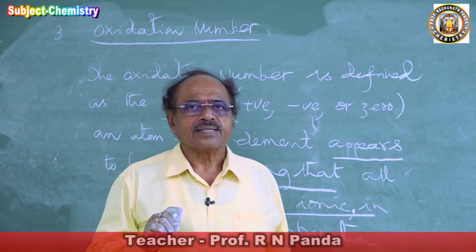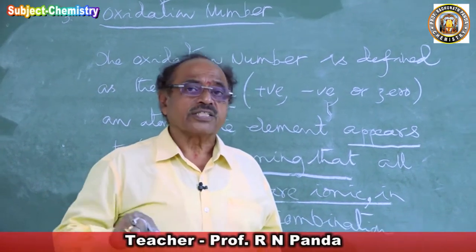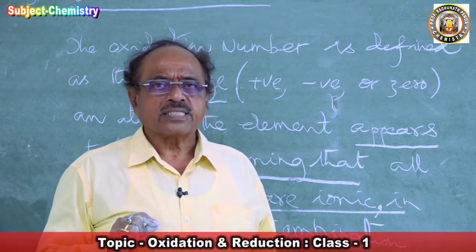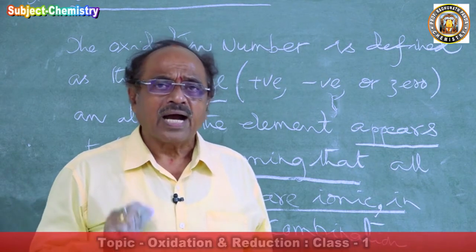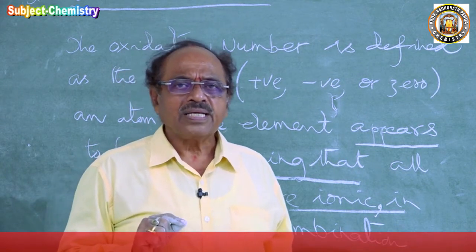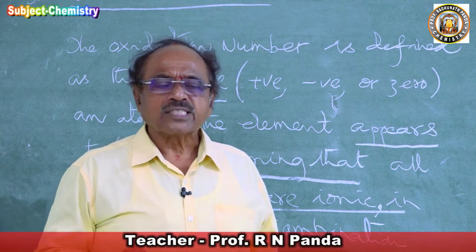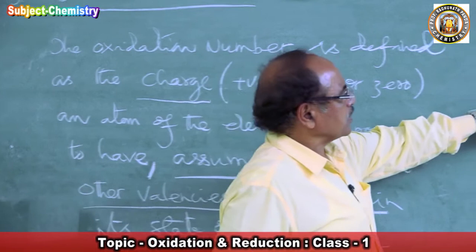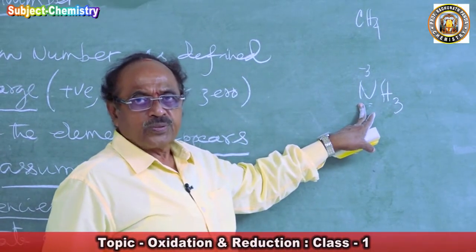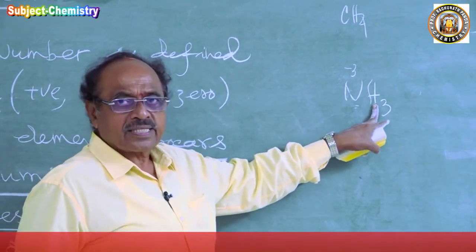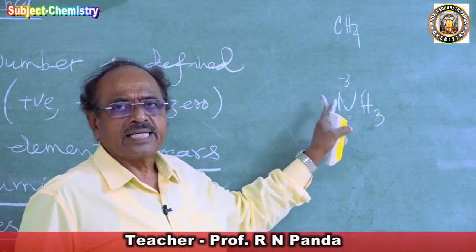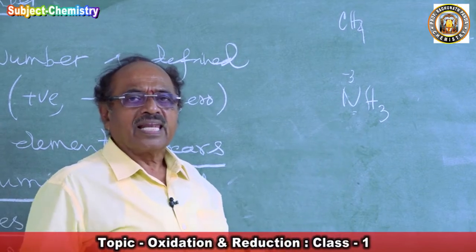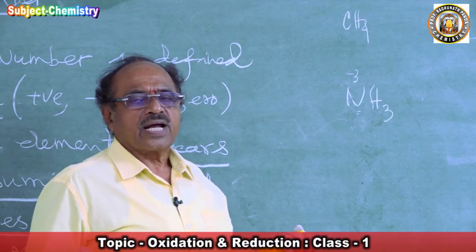It explains the extent of oxidation or reduction done to the atom to bring it to that state of combination. So if you want to say whether nitrogen is oxidized or reduced, or hydrogen is oxidized or reduced, calculate the oxidation number. That number will tell us whether it is oxidized or reduced.